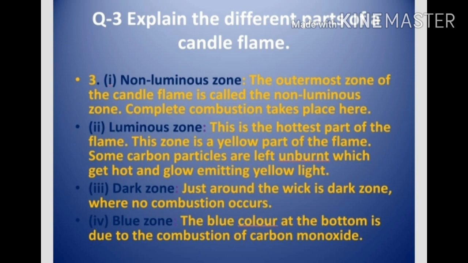Now next is the luminous zone. This is the hottest part of the flame and this zone is the yellow part of the flame. In the candle flame, the yellow portion which we are seeing is the luminous zone. Here some carbon particles are left unburnt. These unburnt carbon particles get hot and glow, emitting yellow light.